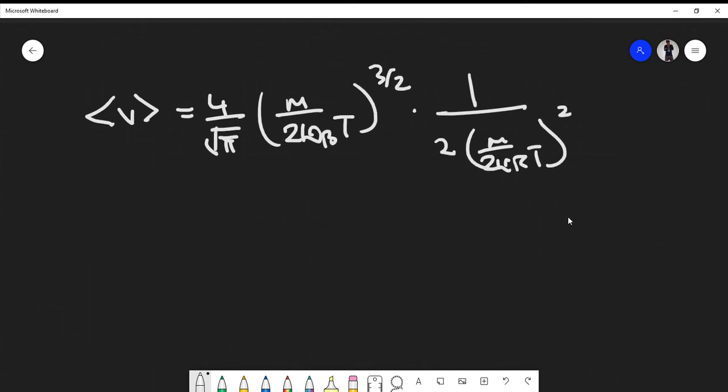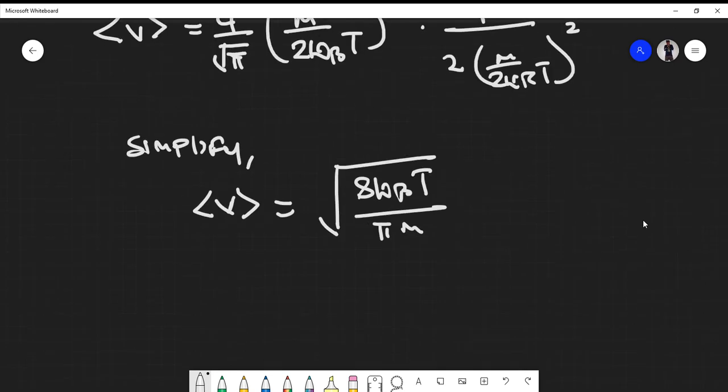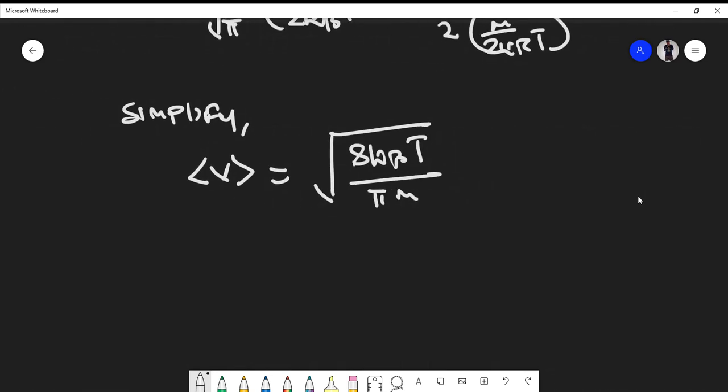And so if we go through a simplification, we actually get the average of v is equal to the square root of 8 kbT over pi m. So that's just doing a bunch of mathematical operations to simplify the equation.